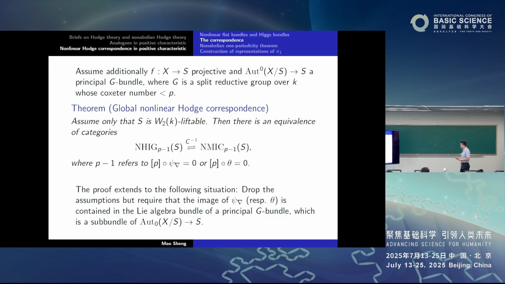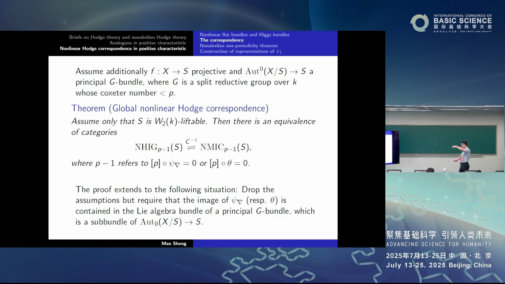But actually the proof extends to more general situations. Here you see I assume my smooth morphism is projective. But in the case of a vector bundle, certainly it is not projective, it is affine. But actually the proof also allows us to prove it as long as the image of your p-curvature or Higgs field is contained in the adjoint bundle of a principal G-bundle.